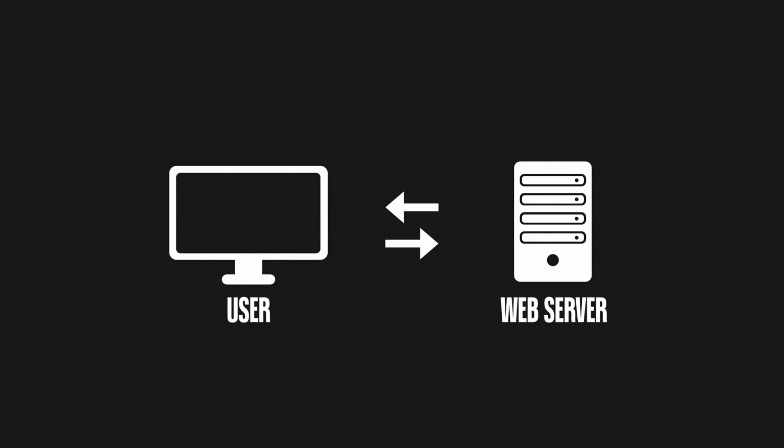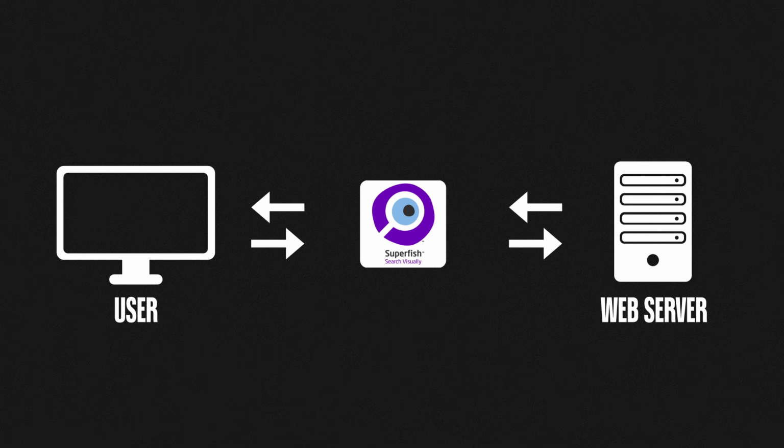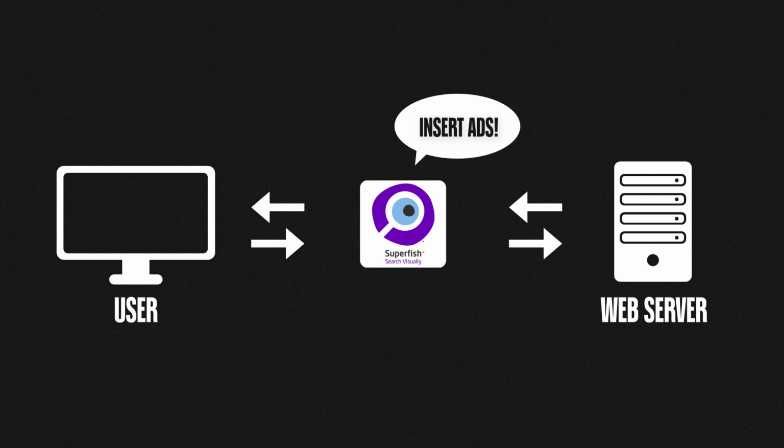Now, normally, any data transmitted over the internet using HTTPS is encrypted. This makes it secure and inaccessible to third parties. However, Superfish was able to bypass this encryption by installing its own self-signed certificate on the affected Lenovo laptops. This allowed it to decrypt the HTTPS traffic, insert their ads, and then re-encrypt that traffic before sending it on.